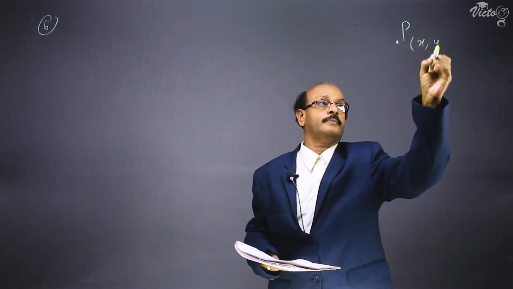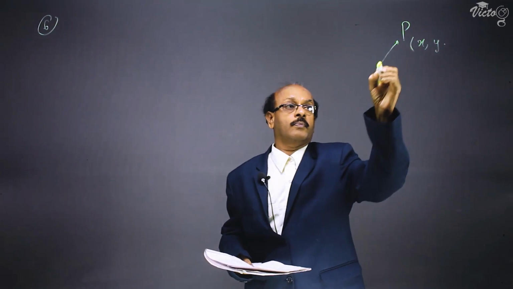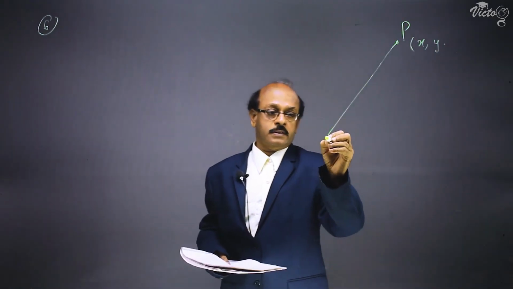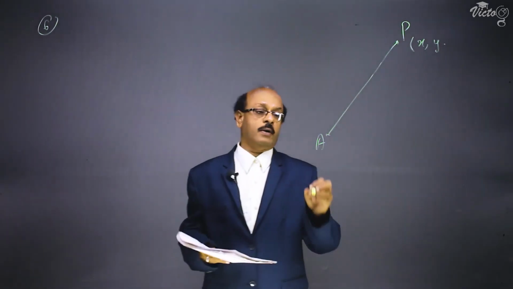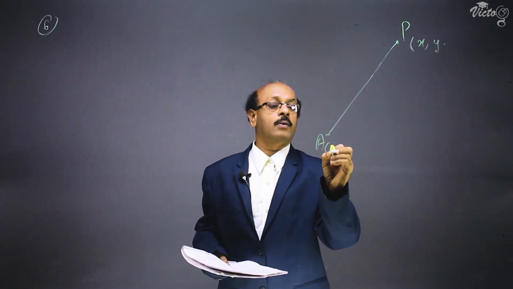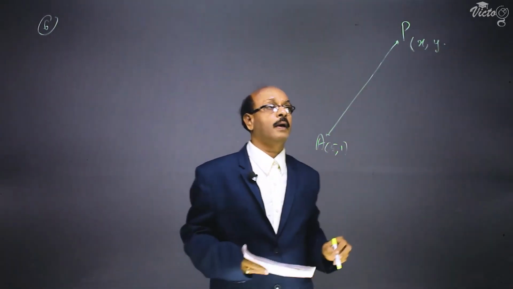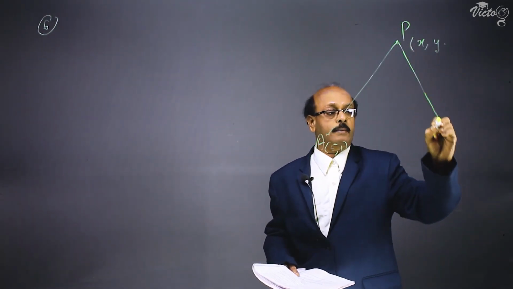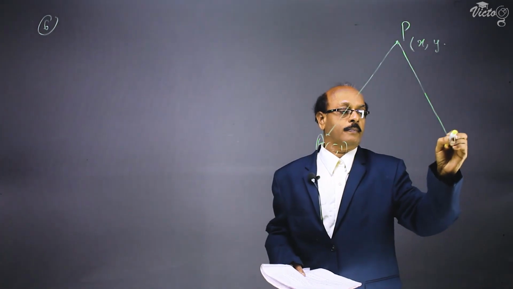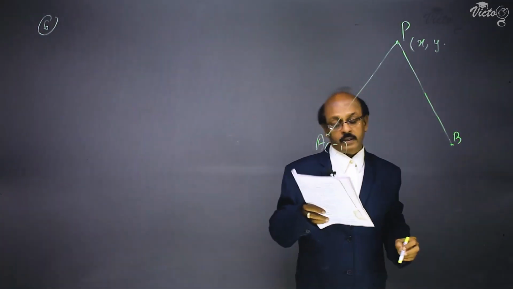Let this be the point P. The coordinates of P are (x, y). This is the distance between P and A(5, 1), and there is another point B, whose coordinates are (-1, 5).